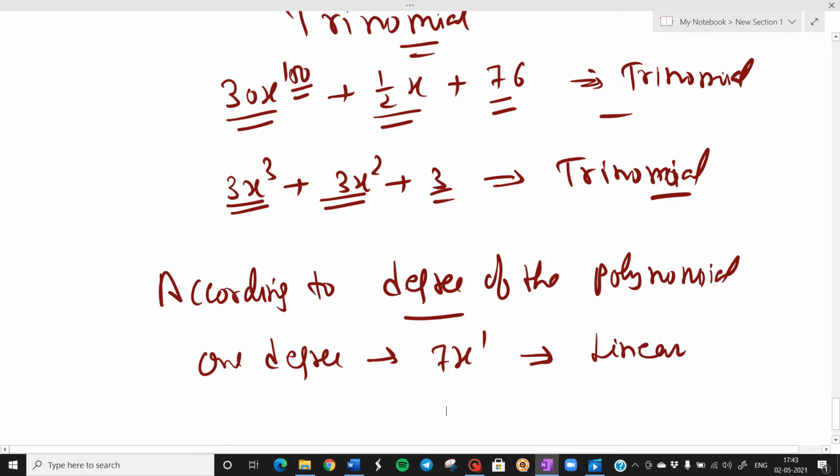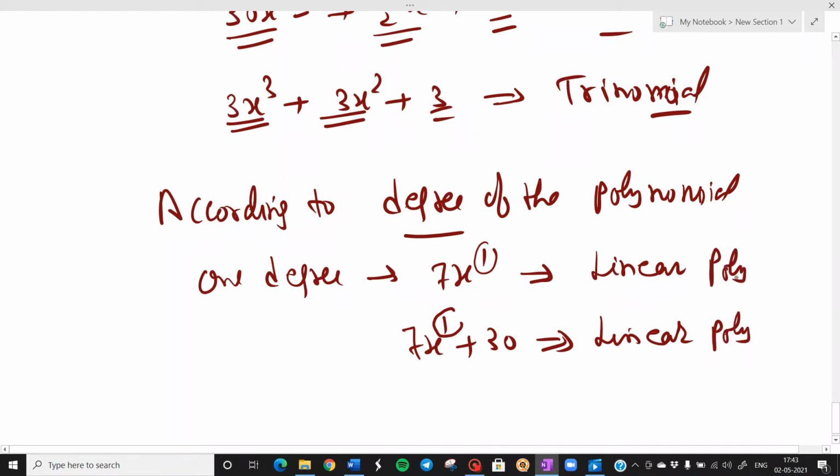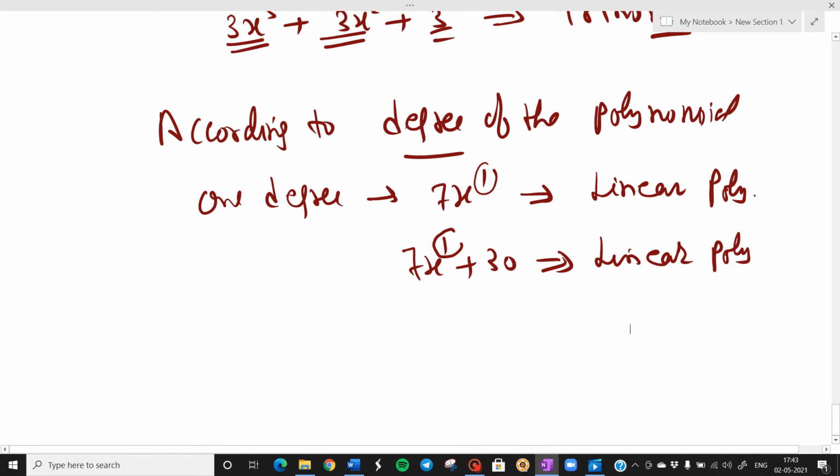There is the degree one, this is called linear. Yes, we can say 7x power 1 plus 30. The degree again is one, the highest power of the variable is called the degree, so that is also a linear polynomial. That is also लीनियर पोलिनोमियल्स. डिग्री अगर वन होती है, ऐसे पोलिनोमियल को हम लीनियर पोलिनोमियल कहते हैं.